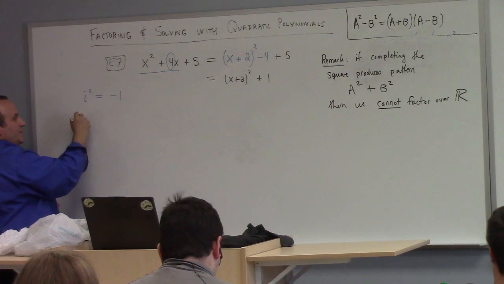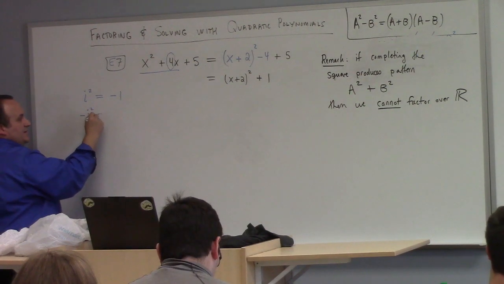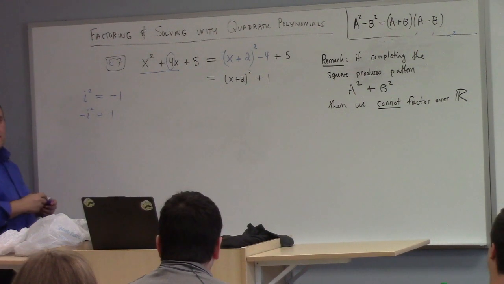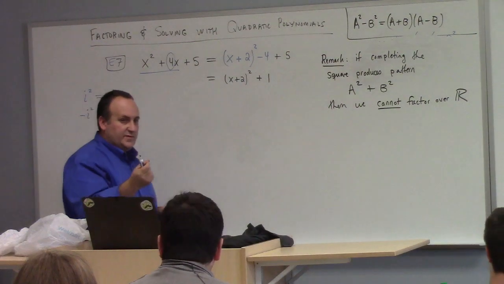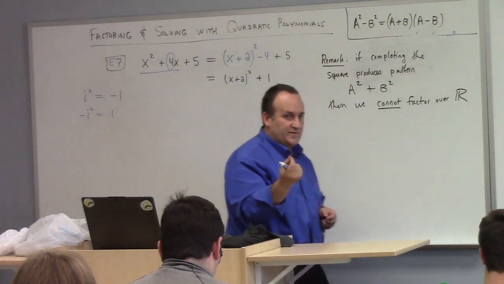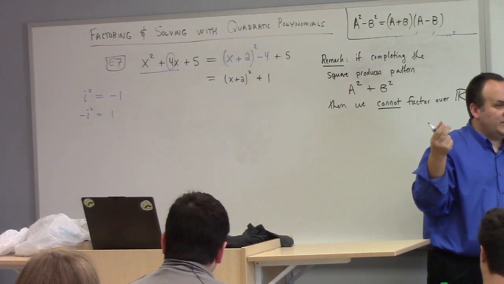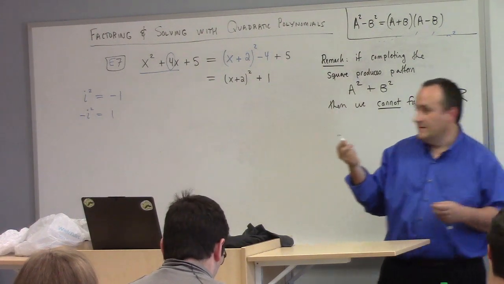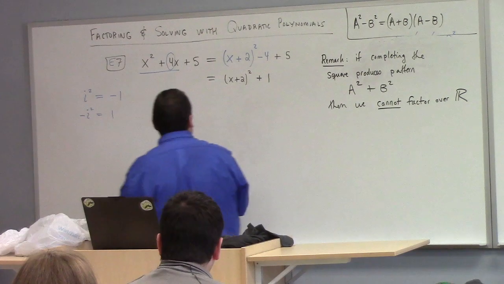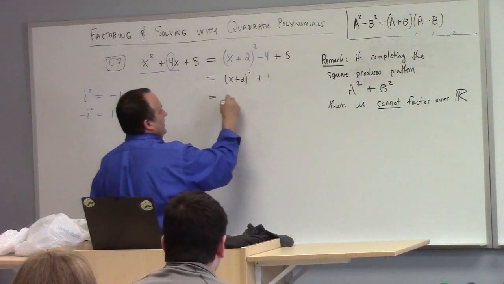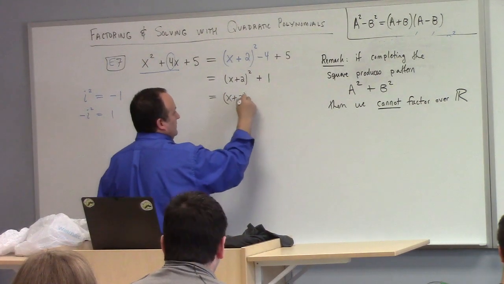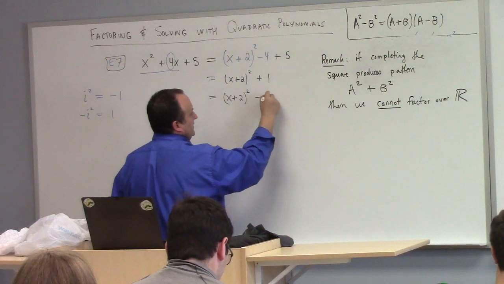I get minus i squared is equal to 1. So complex numbers allow me to turn positive numbers into the square of an imaginary number with a minus. So this is actually x plus 2 squared minus i squared.